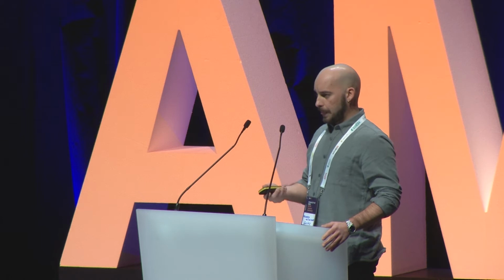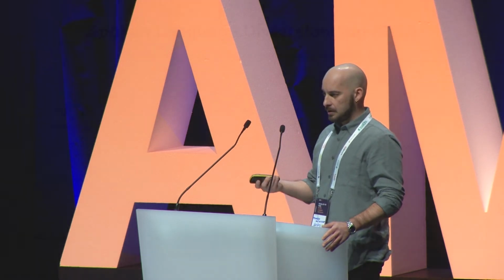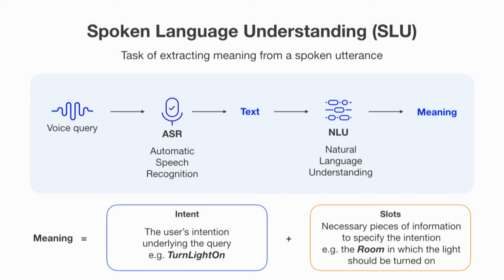The intent expresses the intention that is underlying the voice query of a user. So for example, turn on the lights. And the slots typically give all the supplementary information needed to complete the intention. In this case, for example, the room in which you want to turn the lights on.